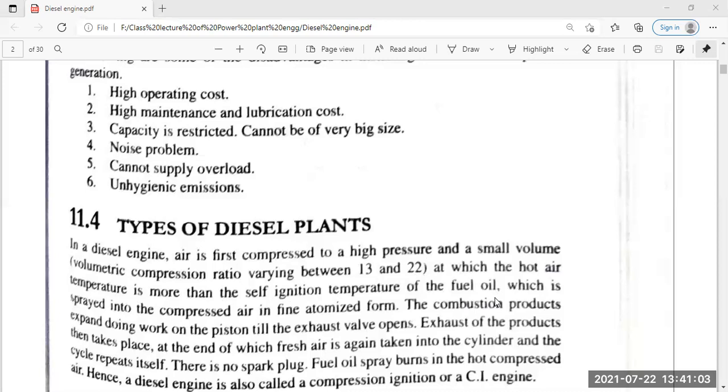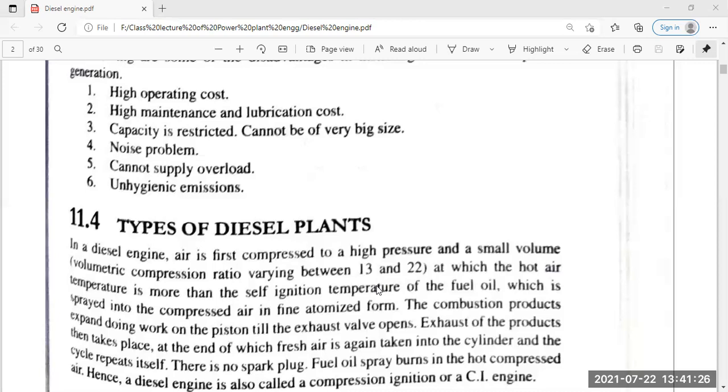In order to ignite the diesel or fuel oil, the temperature of the compressed air after compression should be high, so that the fuel oil ignites immediately and spontaneously, not by the action of any spark plug or any other medium. It's a self-ignition phenomenon of the fuel oil.